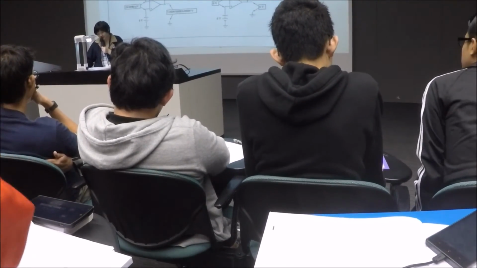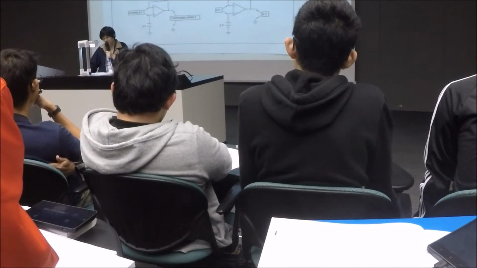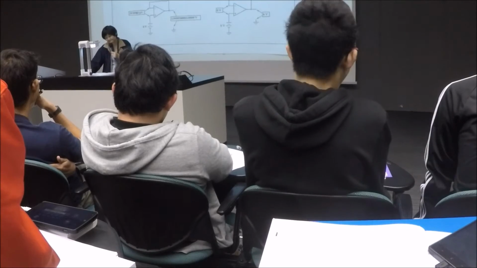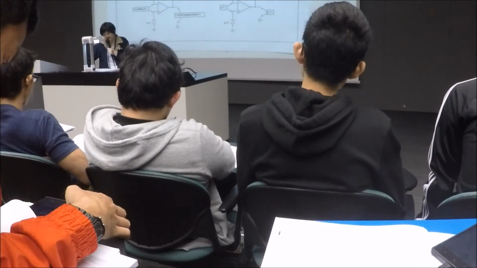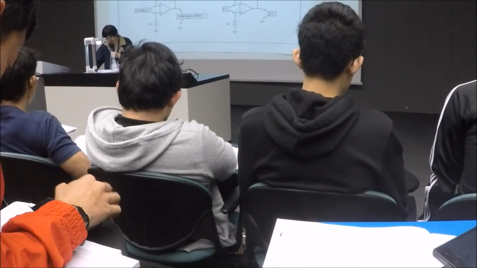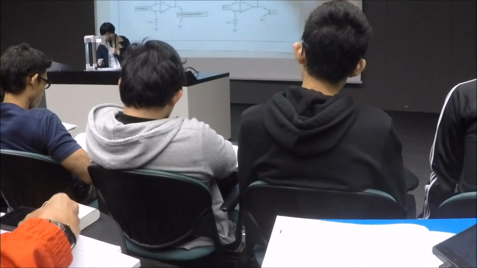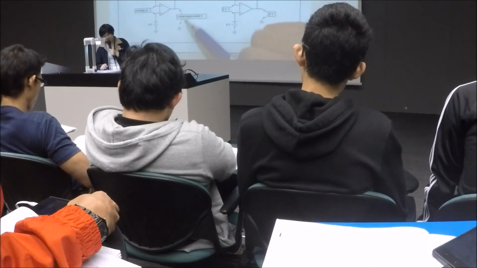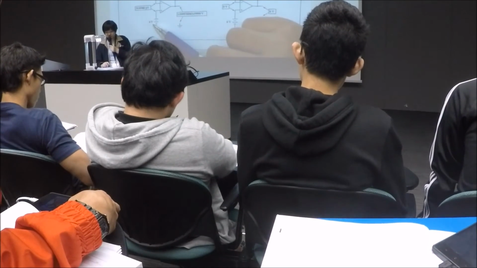In this way, the output is approximately equal to the input. This is one simple application of the op amp using negative feedback. If we use this configuration, the output will be almost the same as the input.